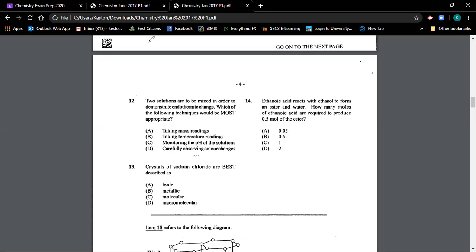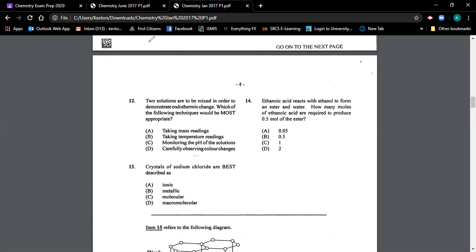A 1-to-1 ratio. Yeah, it is a 1-to-1 ratio. So 0.5 to 0.5.